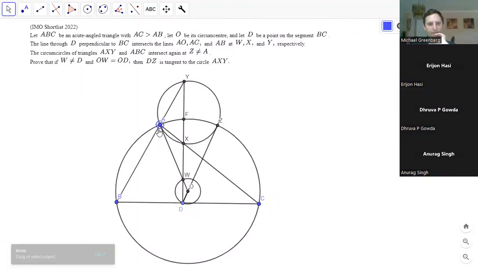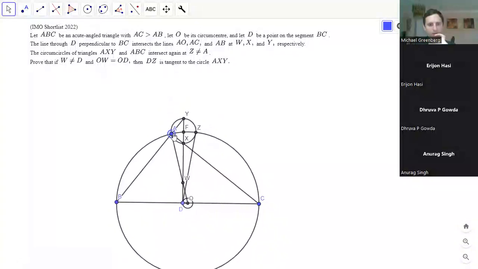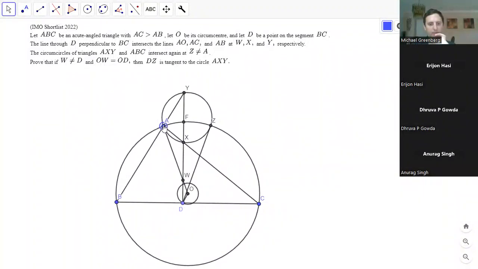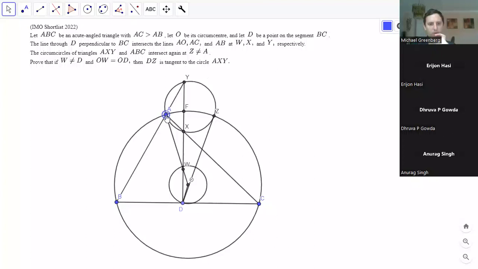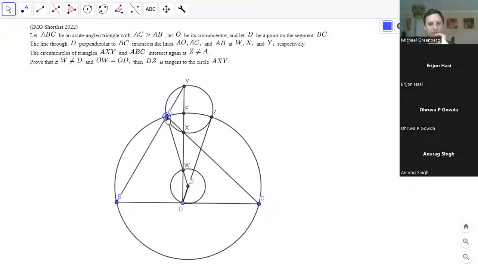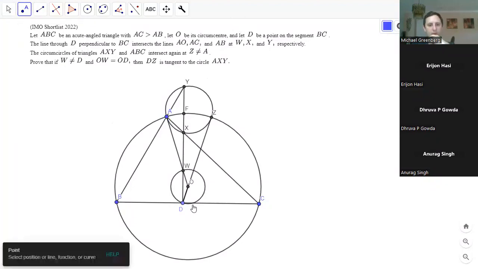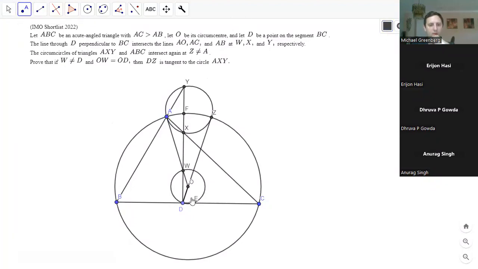So what does that mean? It almost looks like that's true. Let's see. I mean, that would mean that, I think that would mean that this should be a right angle.